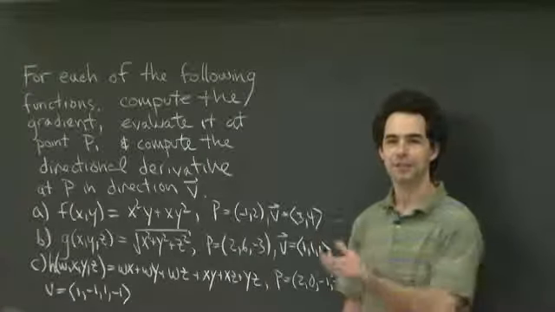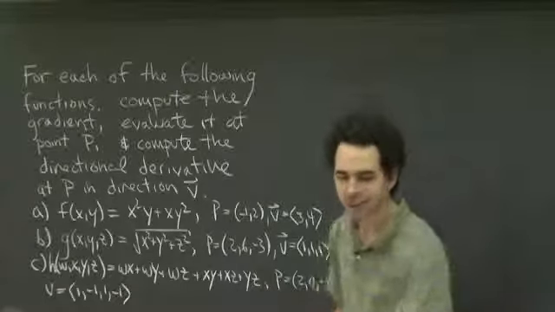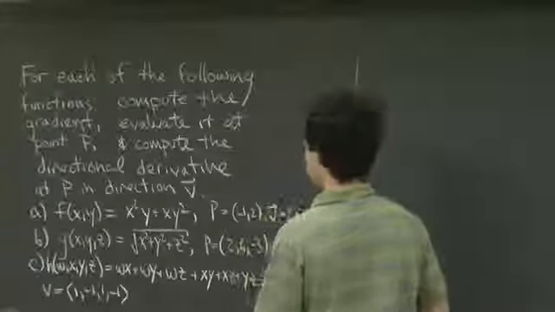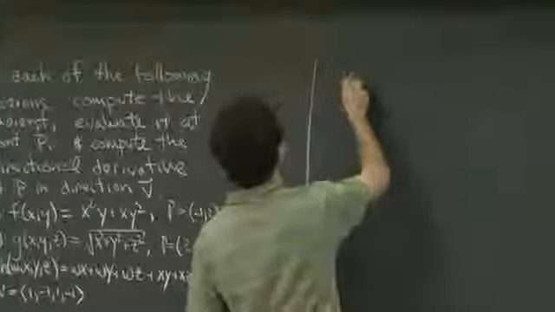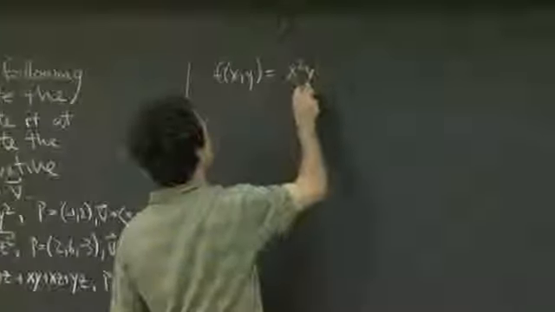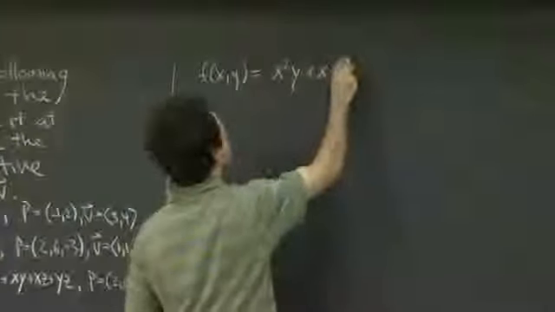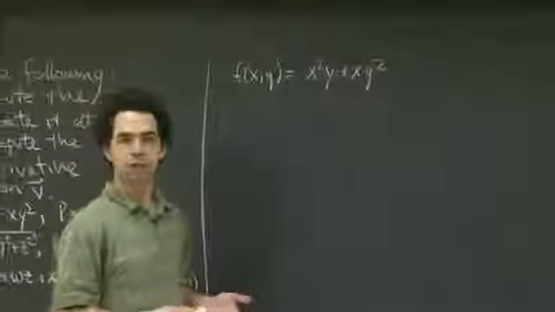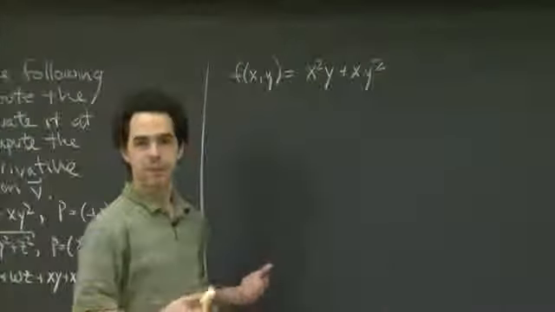I hope you had some luck working out these problems. Let's get started on the first one. Our function f of x, y is equal to x squared y plus x y squared. To compute the gradient, I just have to compute the first partials of our function and then put them into a single vector.